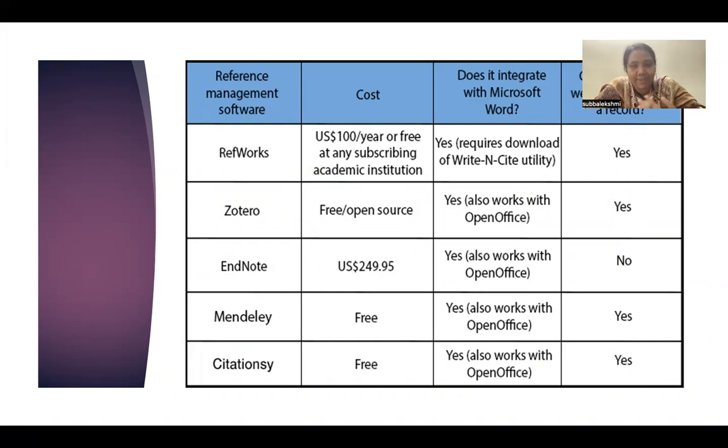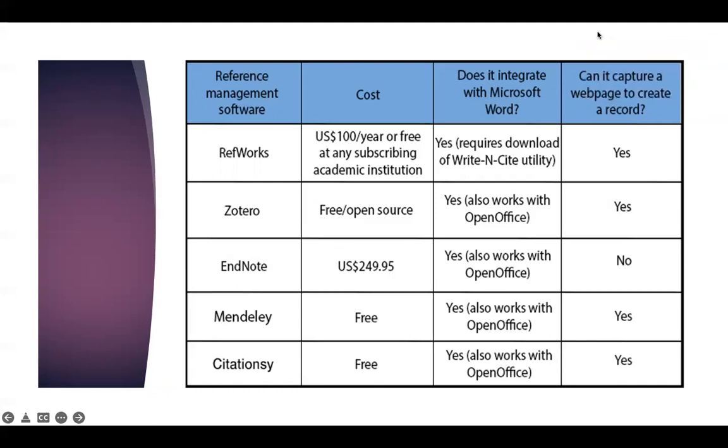EndNote comes at a fee, whereas Zotero and Mendeley are free for use, and most of them integrate with Microsoft Word, which is very, very important for us as researchers because we use MS Office for most of our research-related work, and whether it can directly capture from a web page. We'll talk about how that happens. Zotero and Mendeley do that.